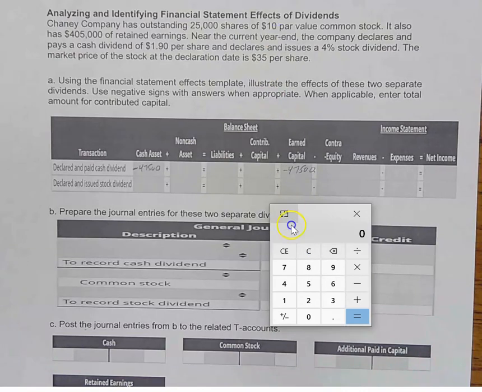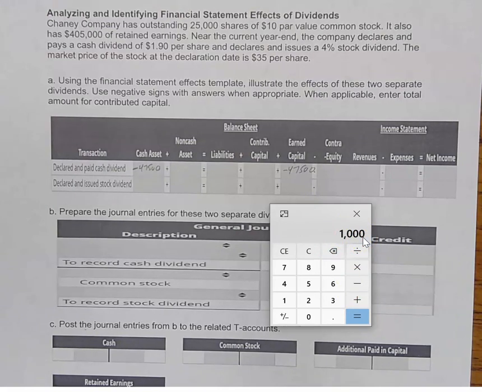Notice here that we have 25,000 shares, so we're going to plug this into our calculator. We multiply 25,000 times 4%, or 0.04, and if we do that, we get 1,000. So we've got 1,000 shares of stock that we're going to issue as a dividend.